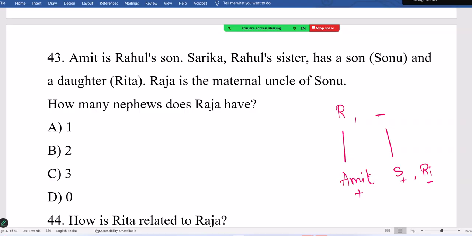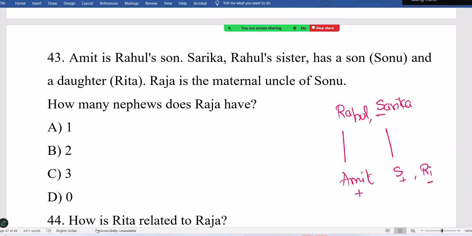Raja is maternal uncle of Sonu, mother's brother. This is Rahul already. Yeah, Sarika, Rahul's sister. Now Raja is maternal uncle of Sonu, means mother's brother.